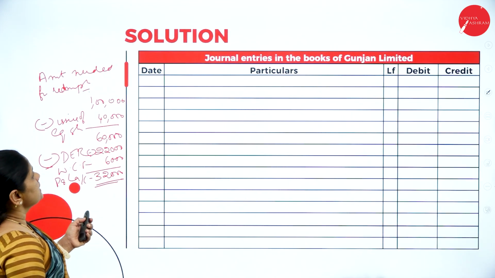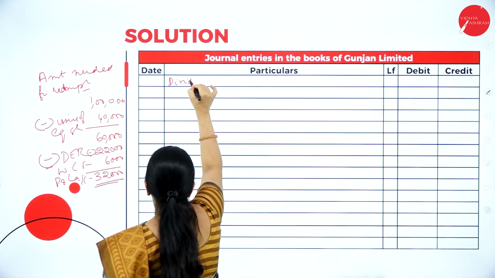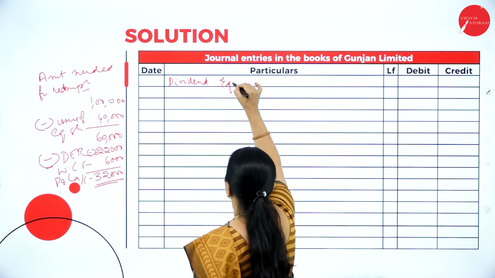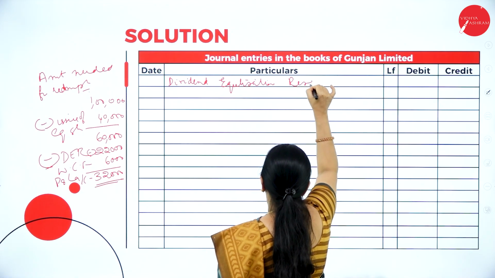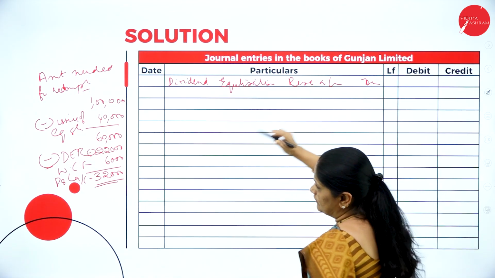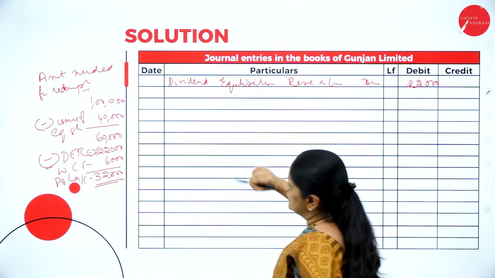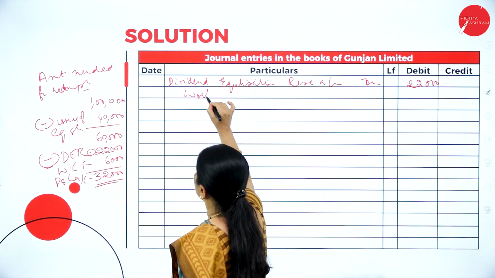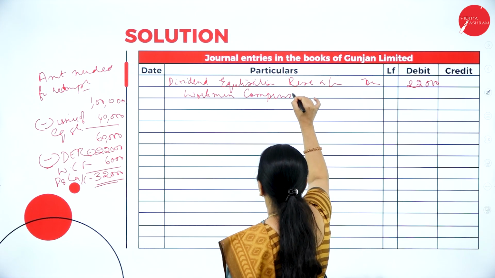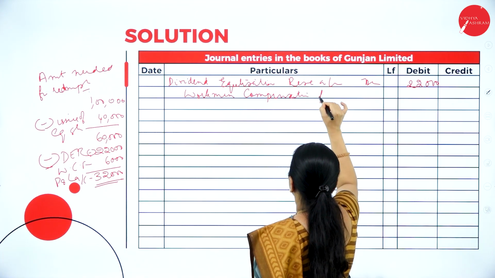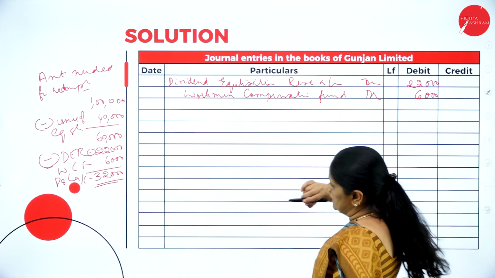So when I write the journal entry, it will be dividend equalization reserve account debtor, 22,000. Then workman compensation fund debtor, 6,000.